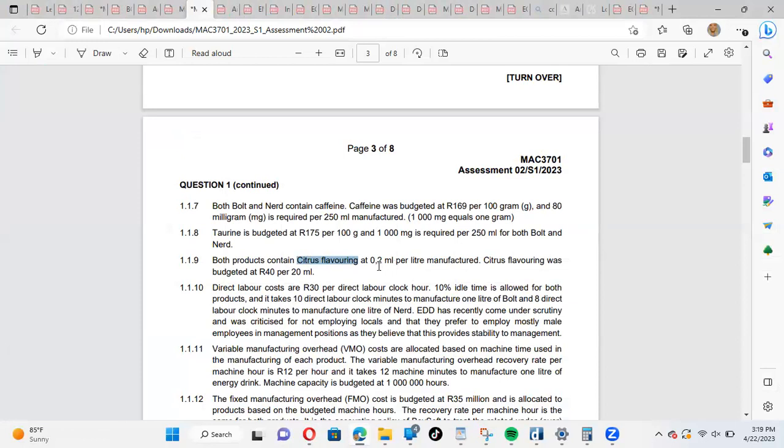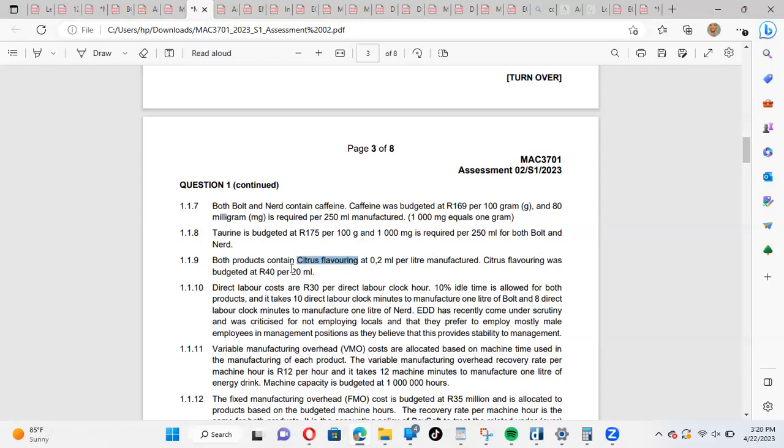Right, so it's 40 rands per 20 mils. All right, so which means per liter it's manufactured at 0.2. And then the flavoring was budgeted at 40, at 20 rand.